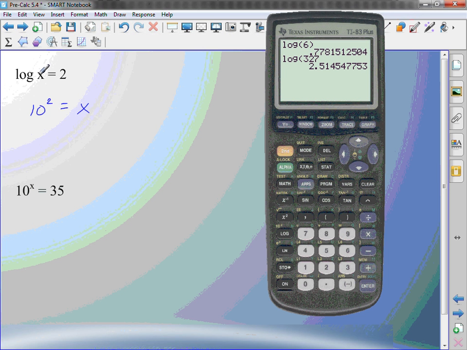It's rearranged. 10 squared is what? 100. And that's what x is. The log of 100 is 2.